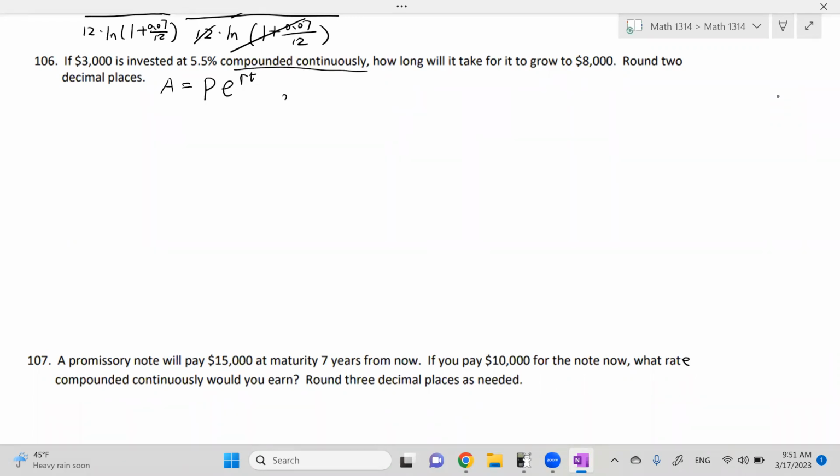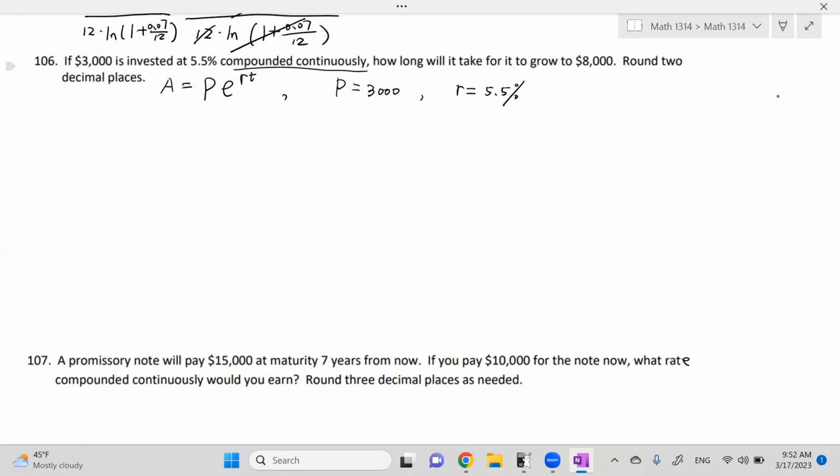Let's list all the information here. What is 3,000? 3,000 is the initial amount, or we say that's the principal. You invest 3,000, and then you get the future value. 5.5% is the rate.